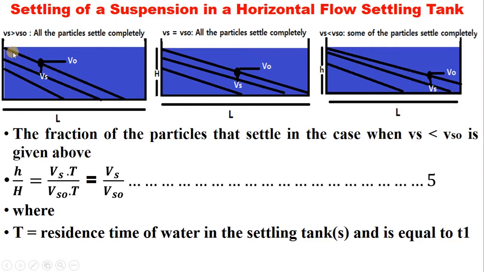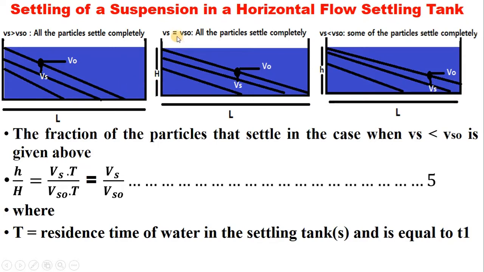Because it settled before getting to this point, Vs, the settling velocity, is greater than the loading velocity, or surface loading velocity. At this point, if the settling velocity is greater than the surface loading velocity, all the particles settle completely. You can see they settle completely before getting to this point.